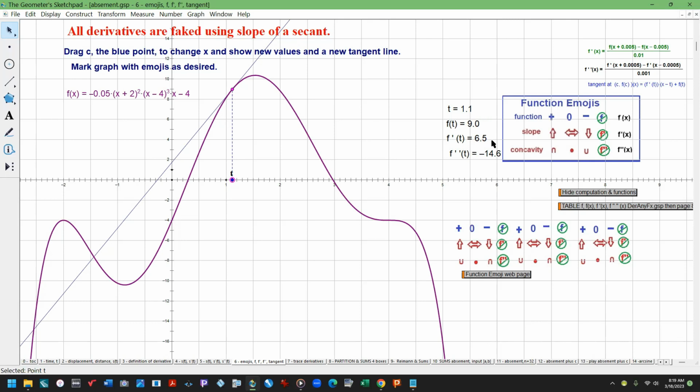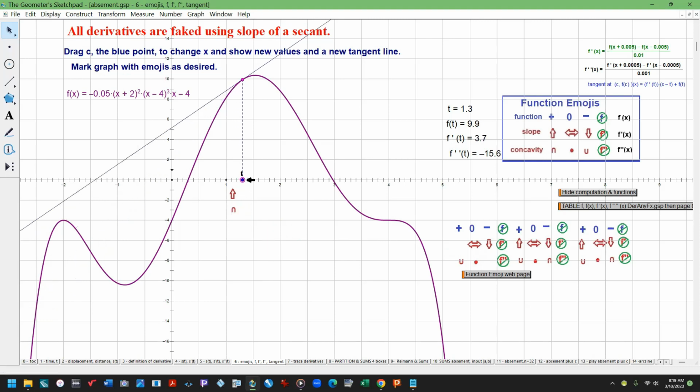That's the slope, it's positive. That's the derivative, it's negative. I'm just going to mark the slope as a positive. I'm going to mark the derivative of the second derivative as a negative. So it's going down, concave down at that point.